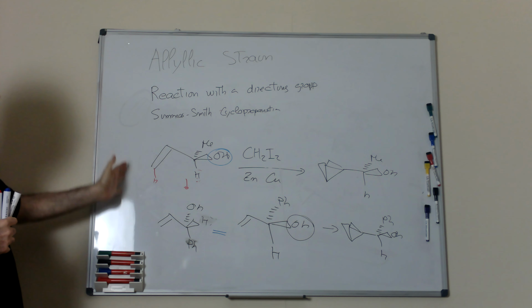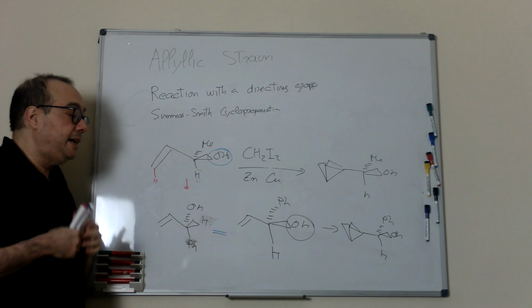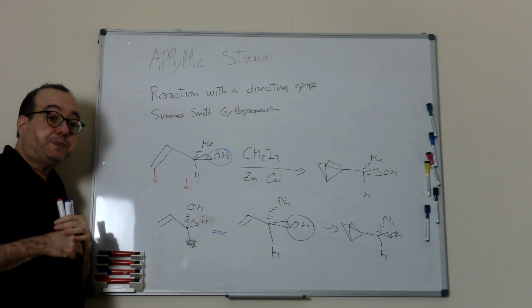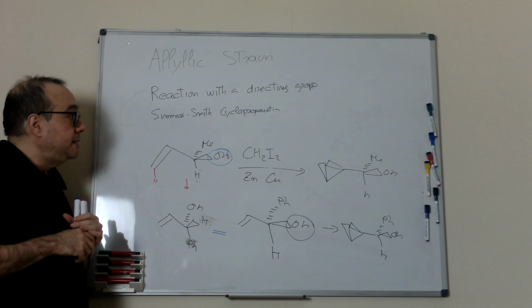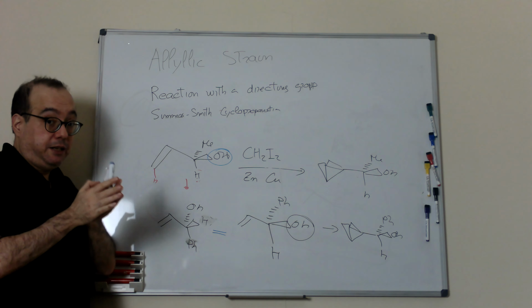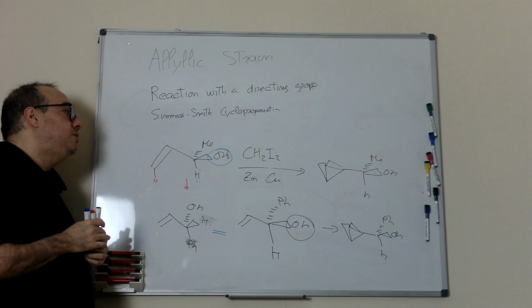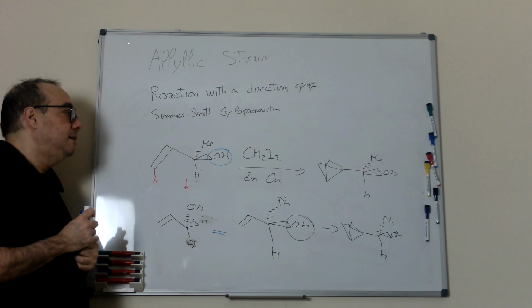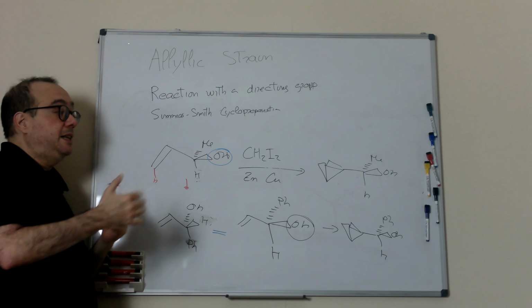This is only an example of how to draw all the transition states and all the conformers. Okay? And remember that this is a summary. You have to read the lecture, you have to attend the lecture, and you will see that it's complementary.